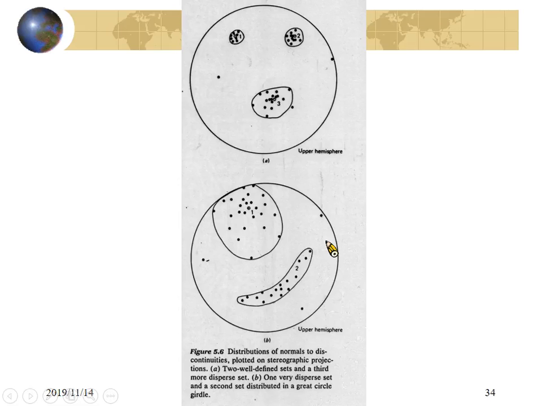All these planes are perpendicular to the bedding plane, so the normal vector of this plane falls into the bedding plane. It means the normal vectors of all these discontinuities fall into the great circle of the bedding plane. Understand?